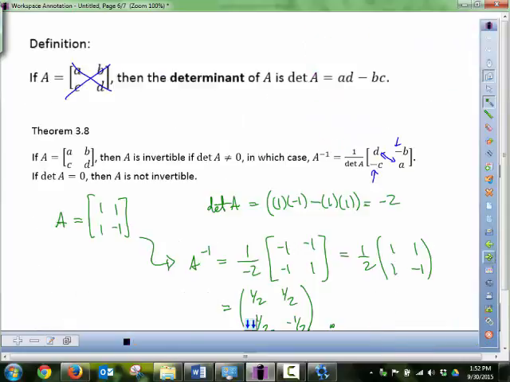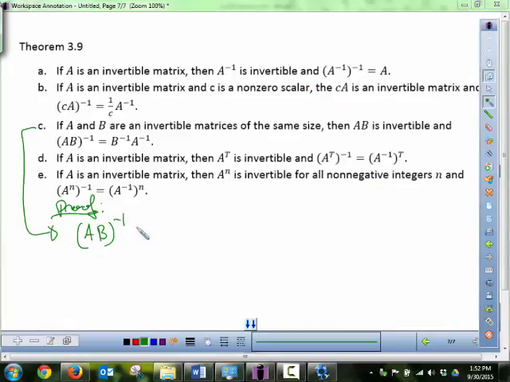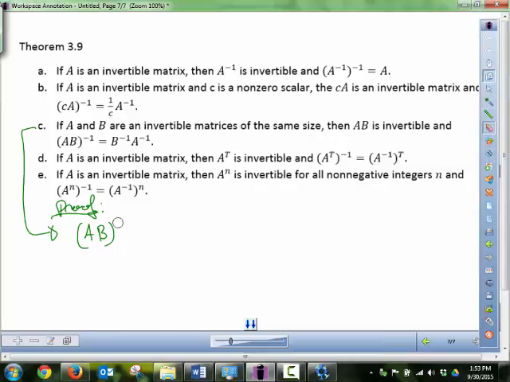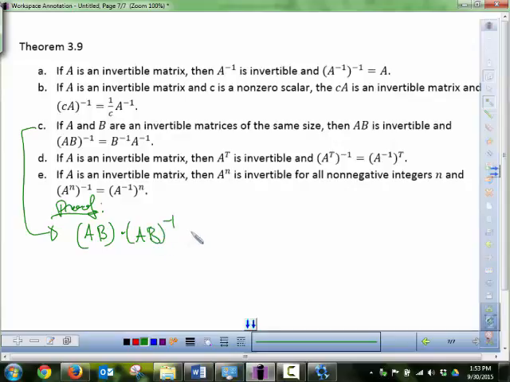So let's see. What was the inverse again? A times A inverse, okay. Let me write it like this: A times AB, that's supposed to be a B, inverse should equal I, right?